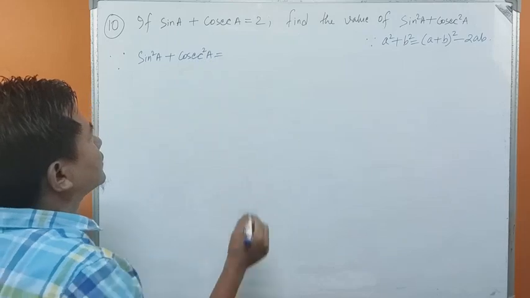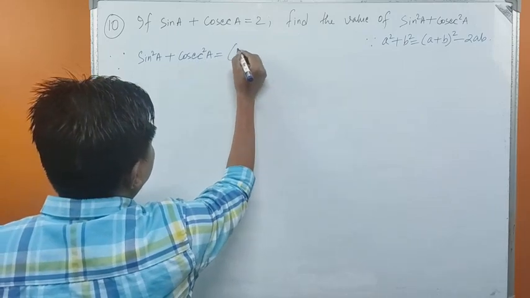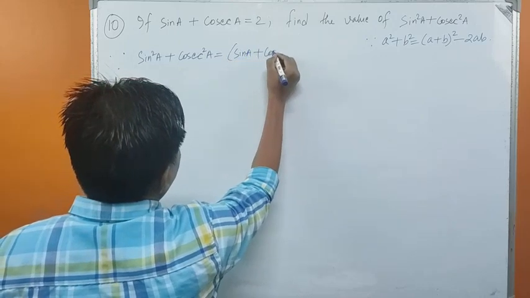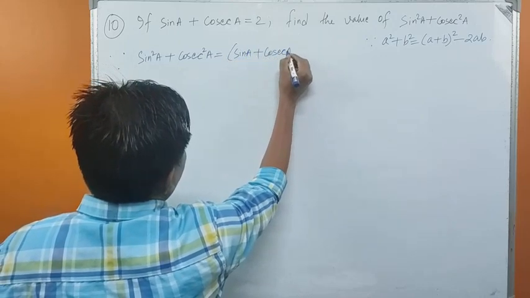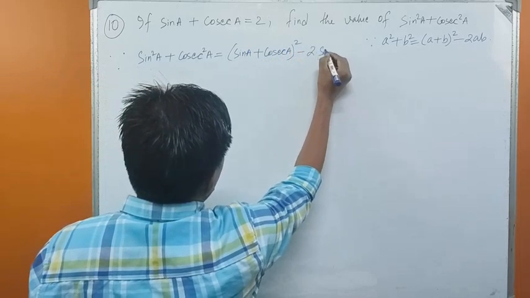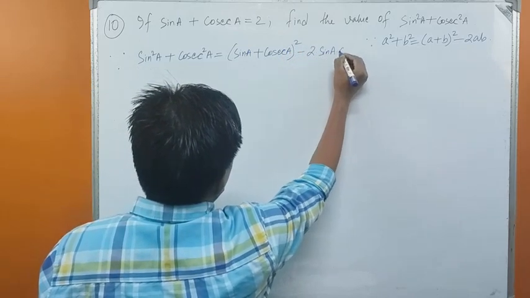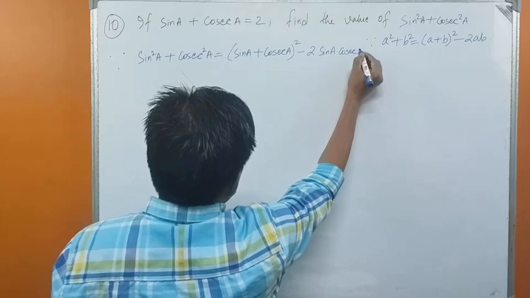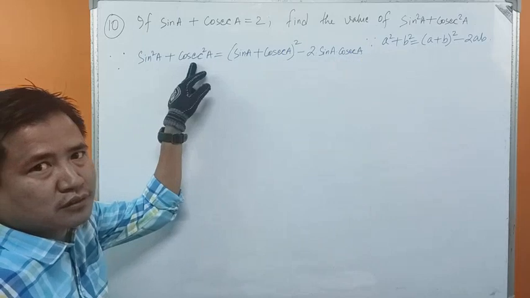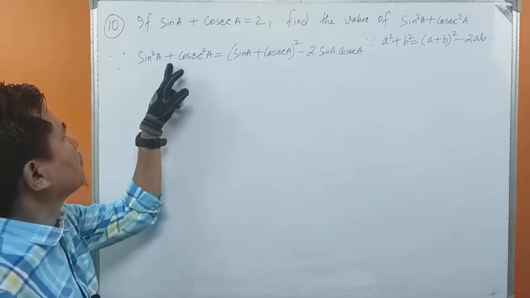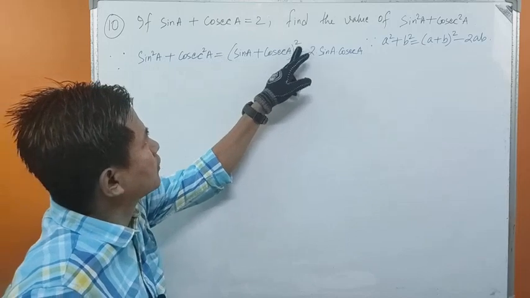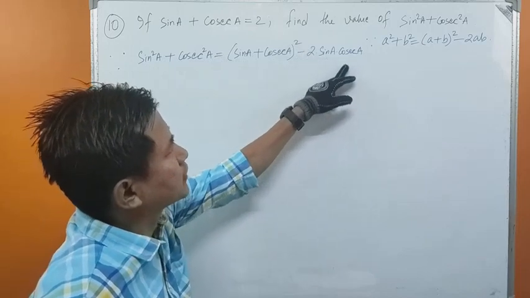So we can write this as a plus b whole square minus 2a into b, isn't it? Sin a is assumed as a and cosec a is assumed as b. Okay, so a square plus b square is a plus b whole square minus 2ab.